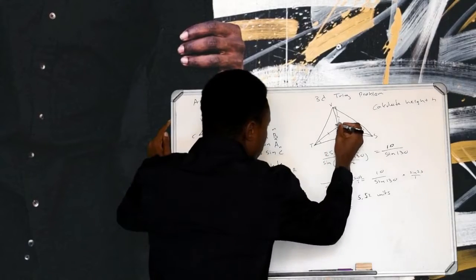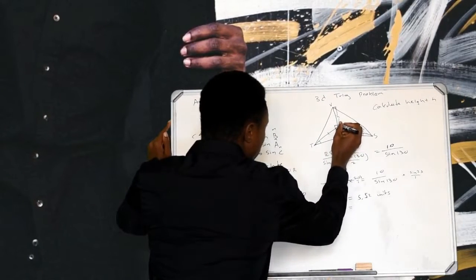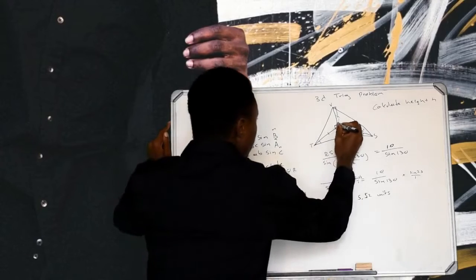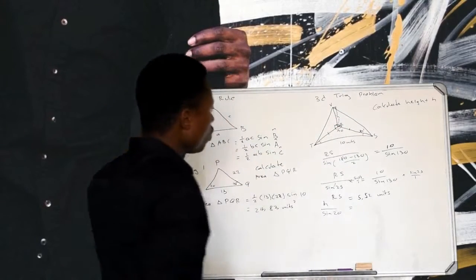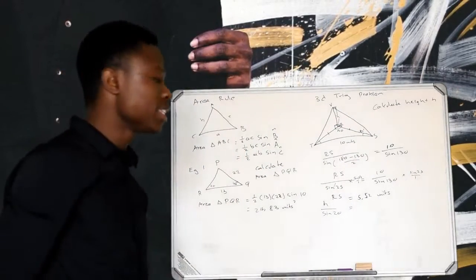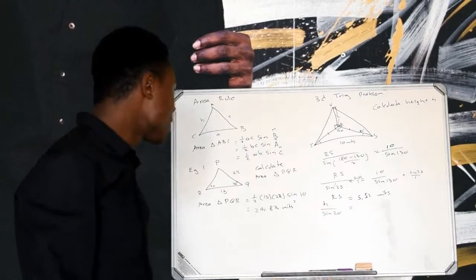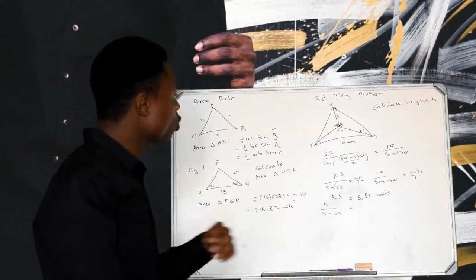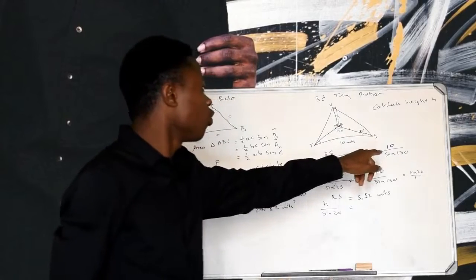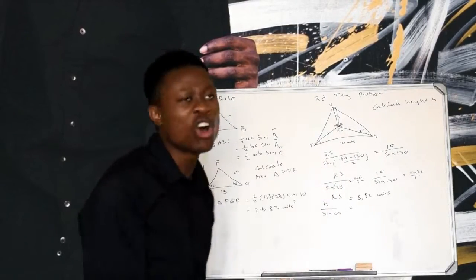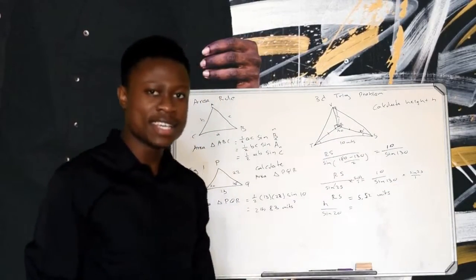So another thing that I didn't put on the graph, this is a 90 degree angle. So those things are sitting at a 90 degree angle, right? So what side do I know over here? Can I use sine 90 over VS? No, I can't, because I don't know what VS is.